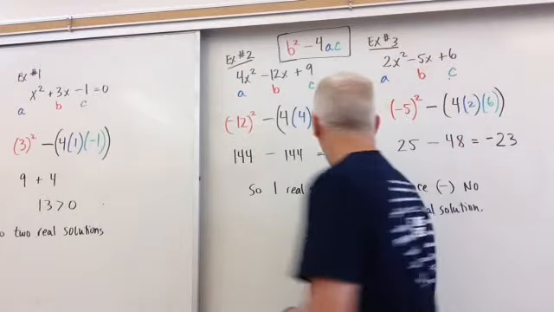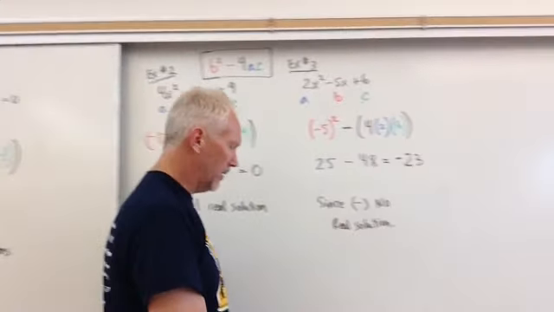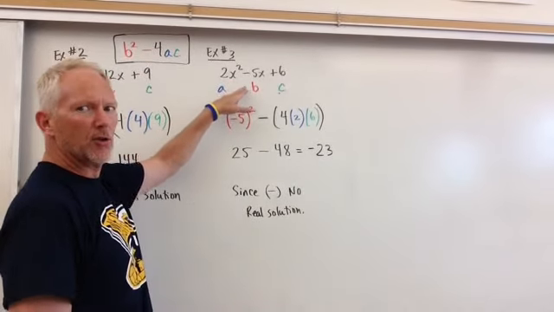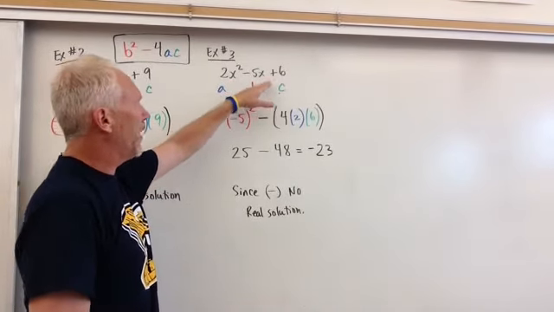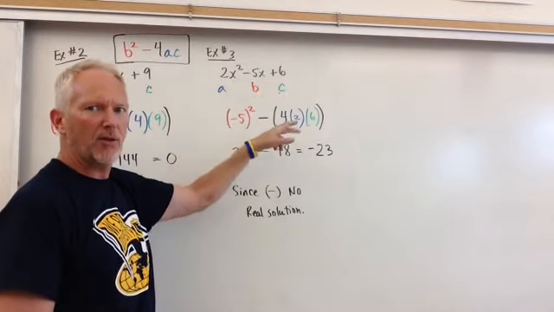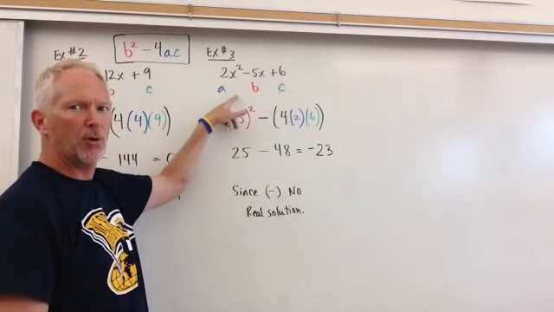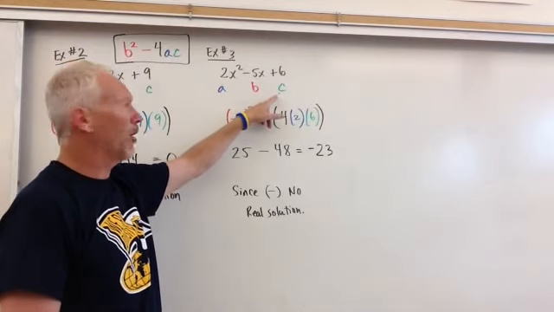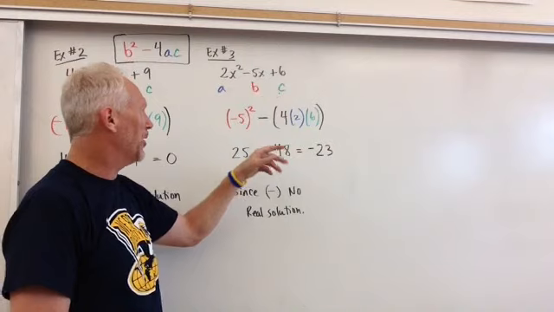All right. So then, finally, the last example is 2x squared minus 5x plus 6. Okay, in this situation, our a is 2, our b is negative 5, our c is 6.